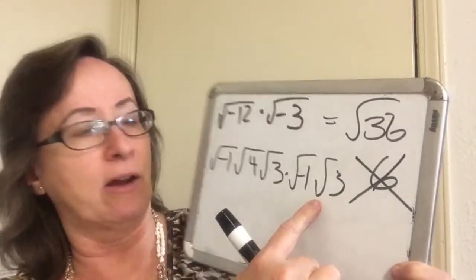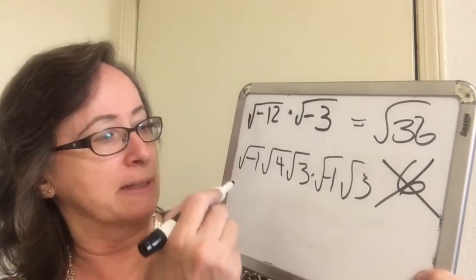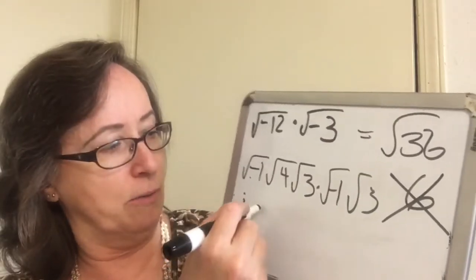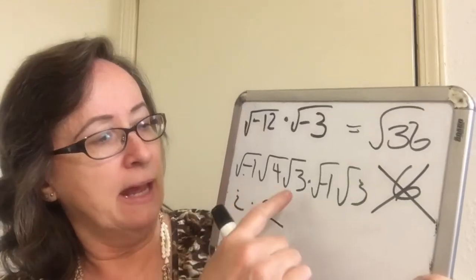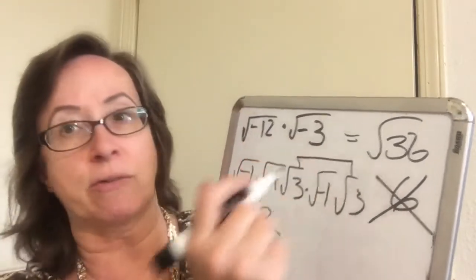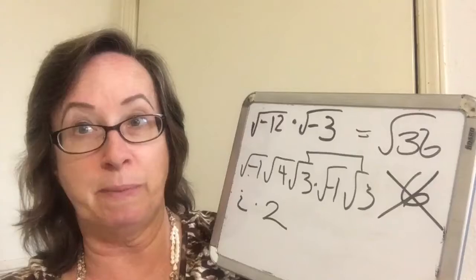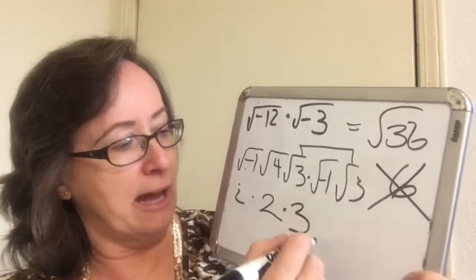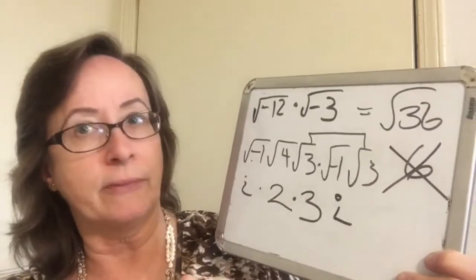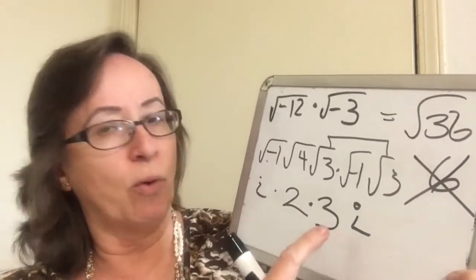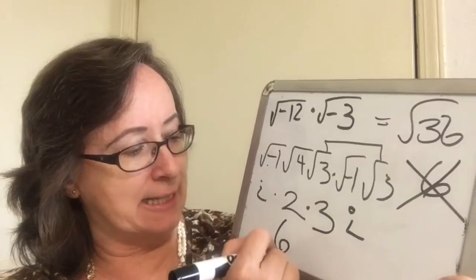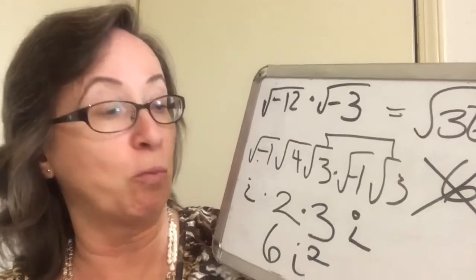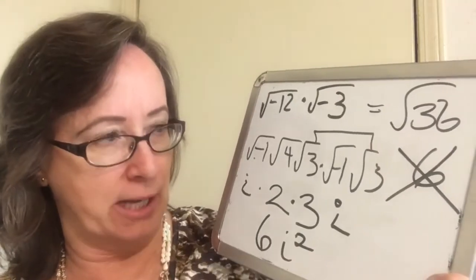So when I multiply it all out, notice what happens. I get an i. The square root of 4 is a 2. The square root of 3 times the other square root of 3 is going to just be 3. And this is another i. Now, we end up with 6i squared. We haven't talked about what i squared equals yet.